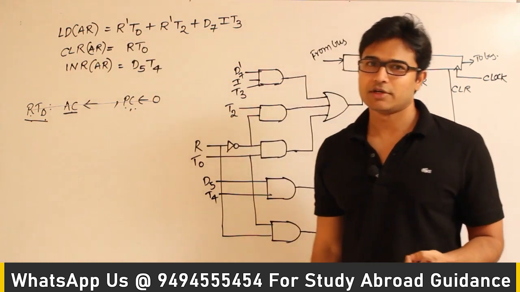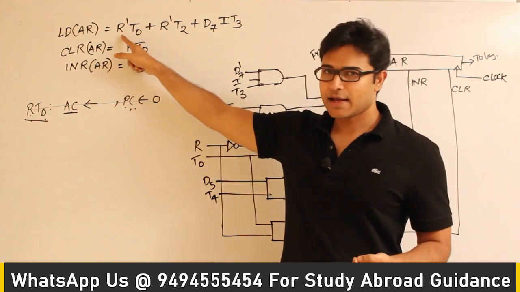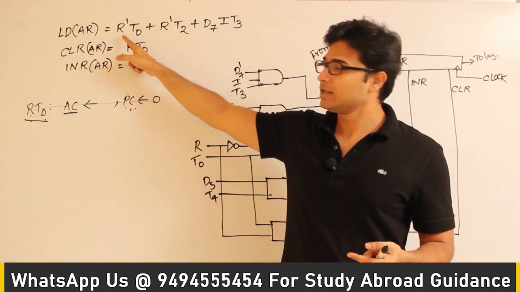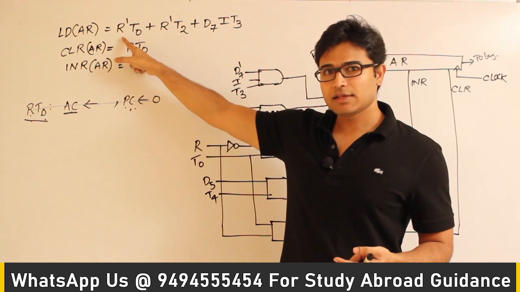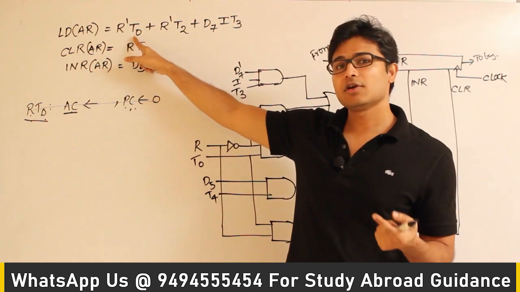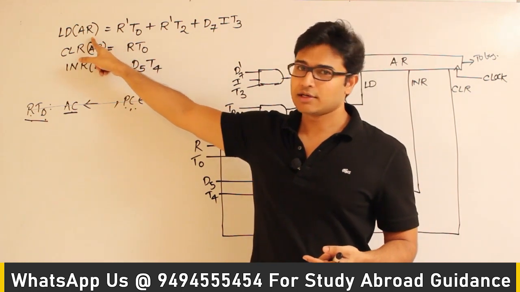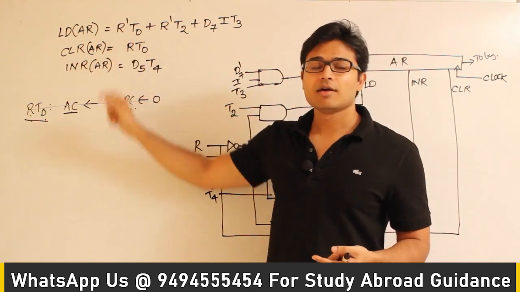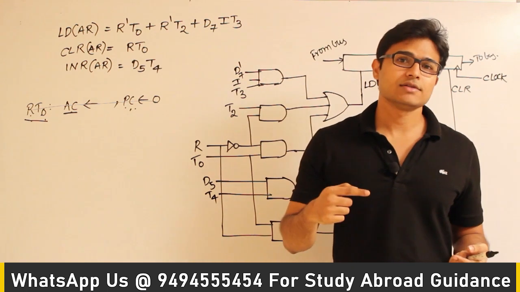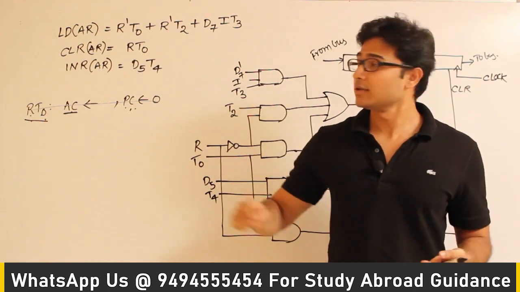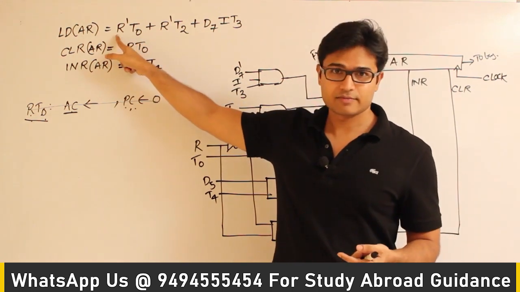So what is the meaning of it? Whenever it is R dash, it means that it is not the interrupt cycle, it is the instruction cycle. So in the instruction cycle, in T0, we know that T0 is fetching. So why should we load something into the AR register when you are fetching an instruction? Because we have to load the address of the instruction that has to be fetched into the address register. That is why this holds true, isn't it?